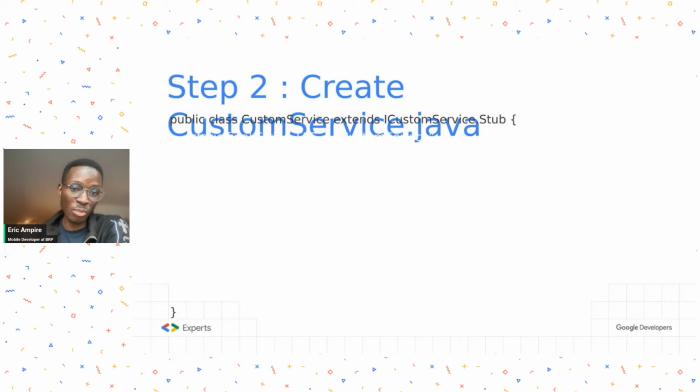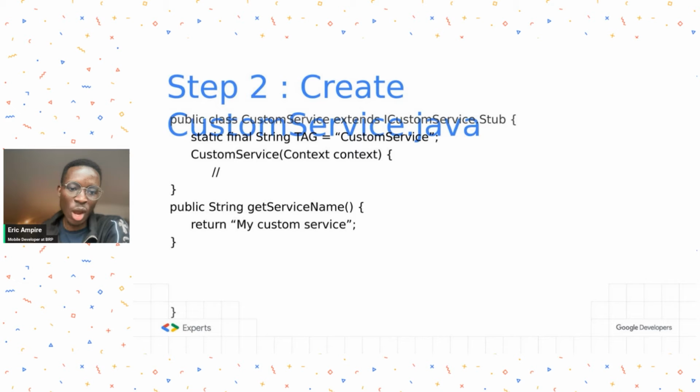It will be a class that you can extend from the IDL file that we have just created, and this class will basically be the implementation of the interface. For example, here I have implemented my get server name method that returns a custom string, and for the add method I've just returned A plus B.